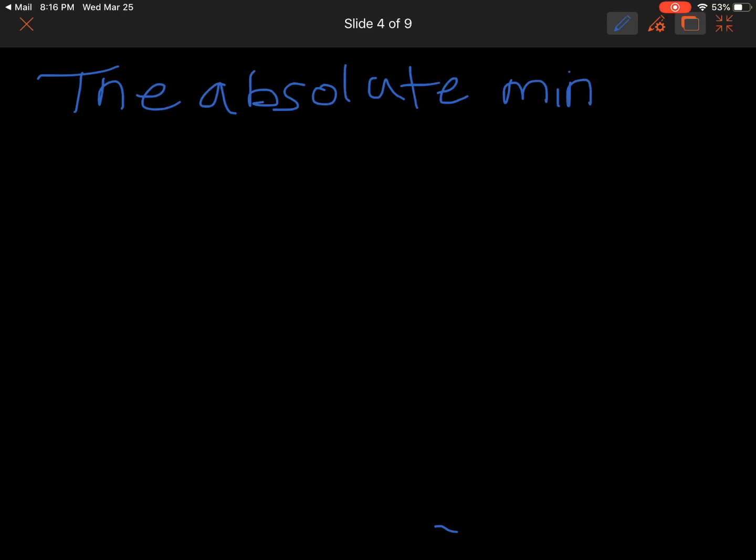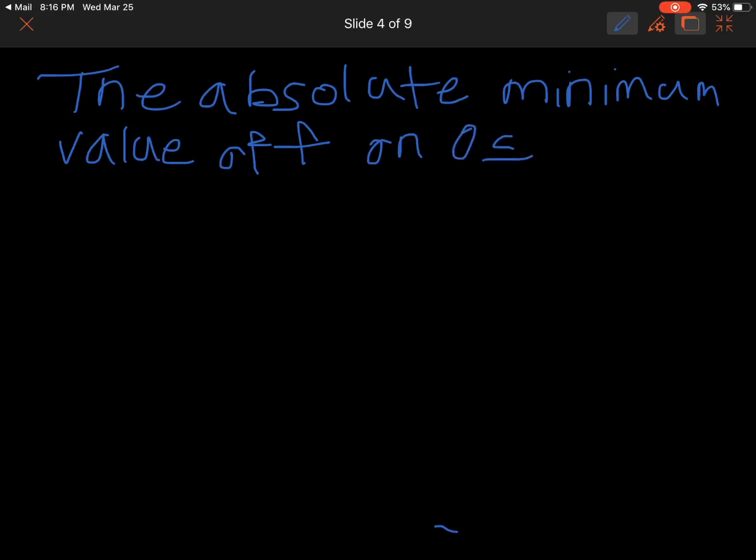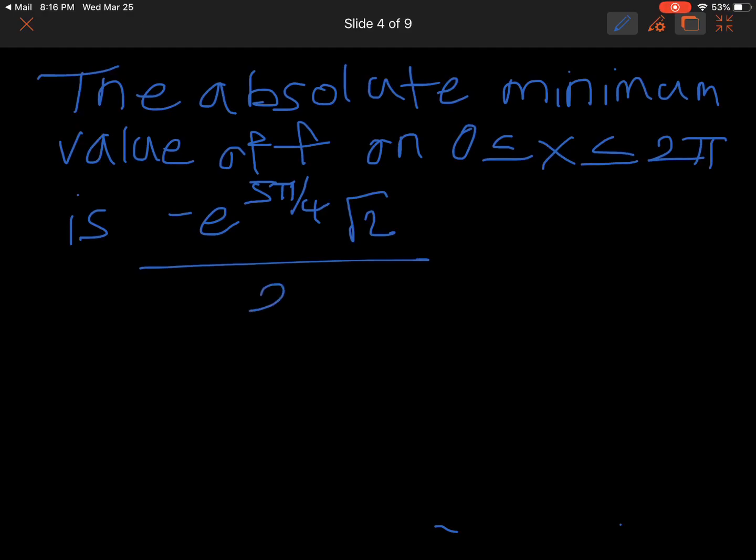The way to get points for this value is you simply write: the absolute minimum value of f on the interval 0 is less than or equal to x is less than or equal to 2 pi is negative e to the 5 pi over 4 times the square root of 2 over 2.